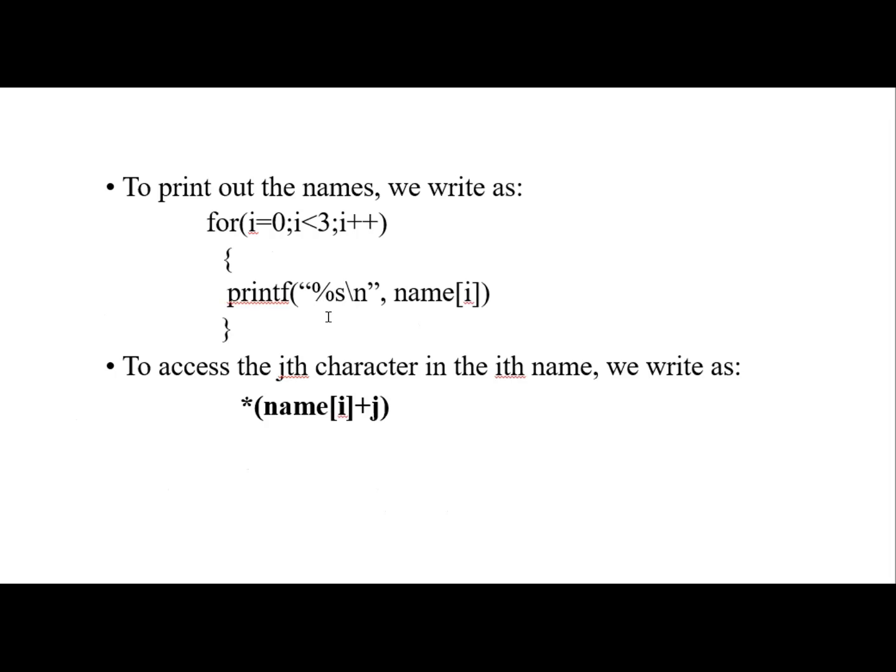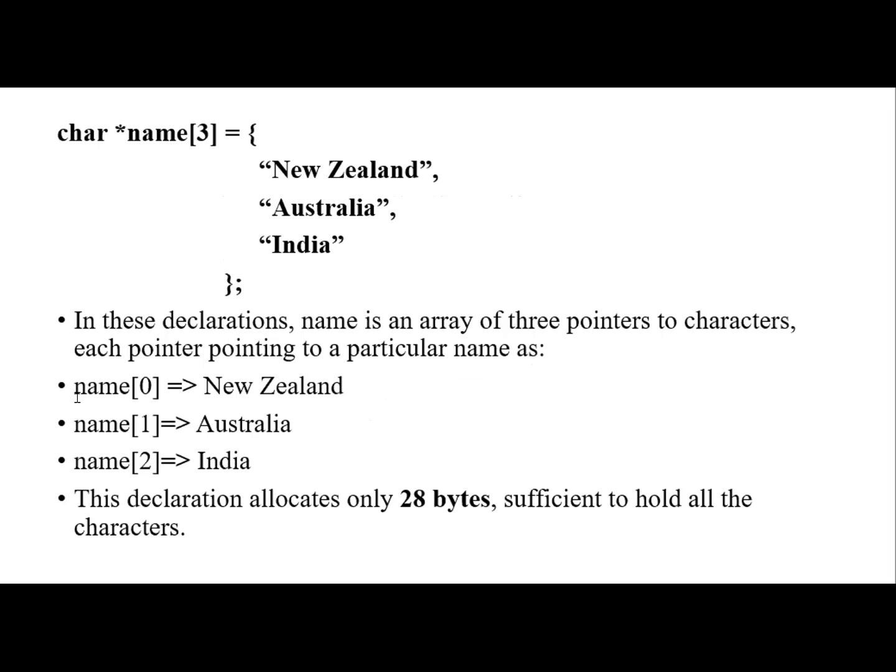%s and then name of i in terms of the multidimensional. Since we have 3 rows, if it was just a one-dimensional array, I can directly write printf %s name. But since it is multidimensional, I have to write %s name of i. So when I say name of 0, it will print the first row.